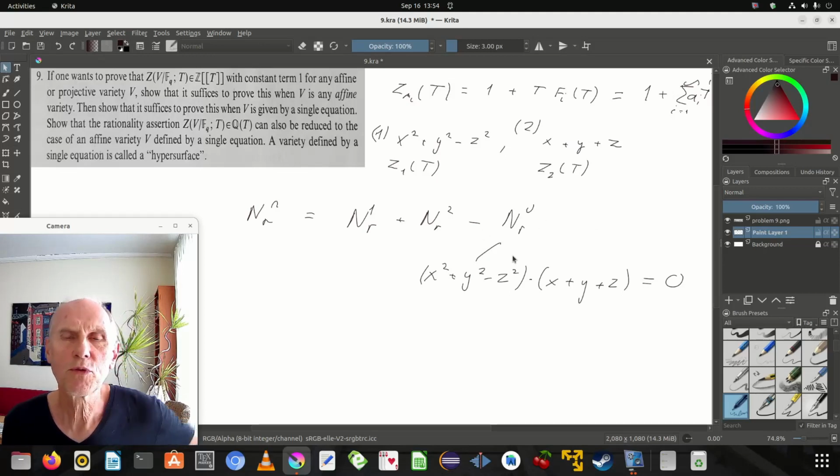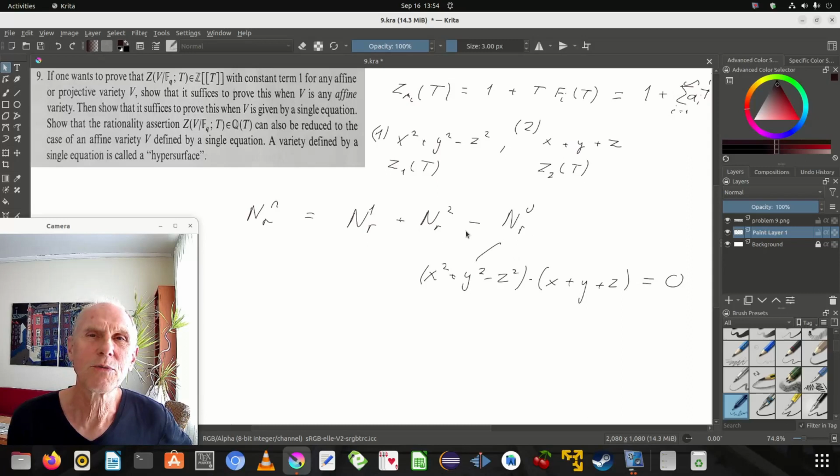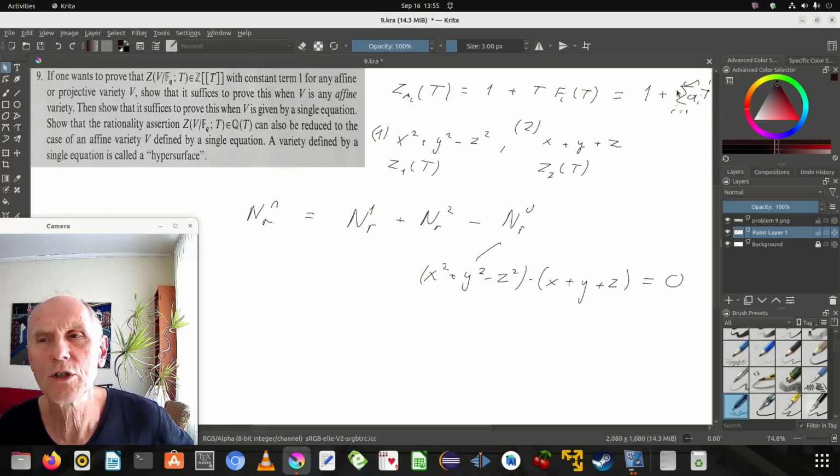Or we could make a proof by induction. I think it's easier really to make a proof by induction than writing up the general function for an intersection of n varieties. So just make a proof by induction. And then we have the z functions, these two multiplied and then divided by this, but 1 divided by this is also 1 plus some power series with integer coefficients.